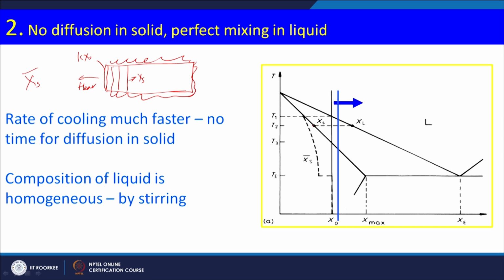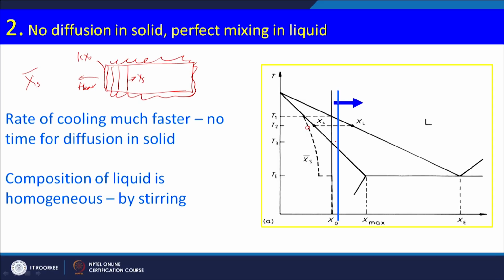So, this point is shifting from this excess to this here. Let me show it here. So, at temperature T2 now, the composition is not excess throughout the solid. The composition is some new composition which is an average composition which is excess bar.